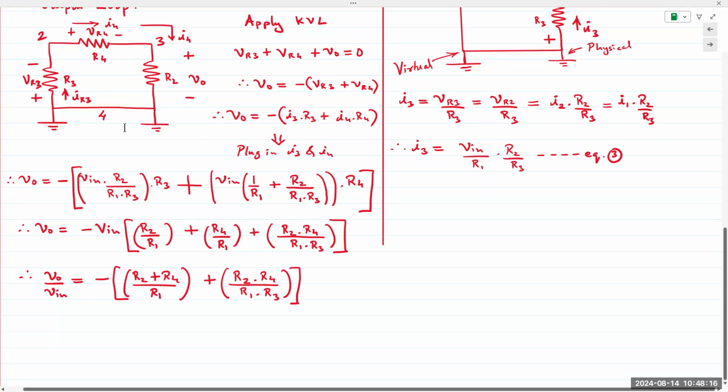Let's see if it's possible to reduce this further. No, we got R1 and R3. So that is the final expression for V out over V in.